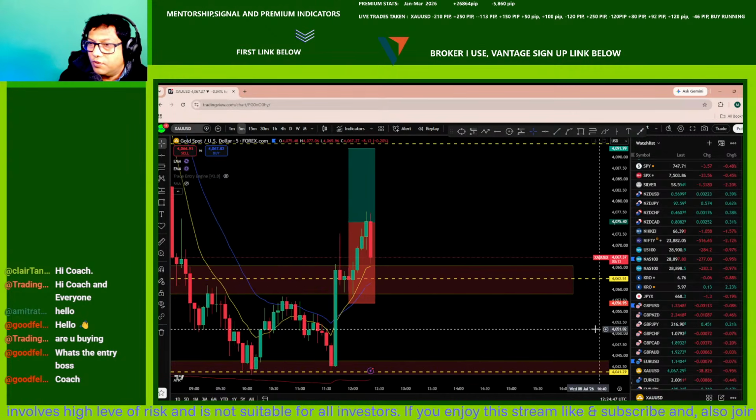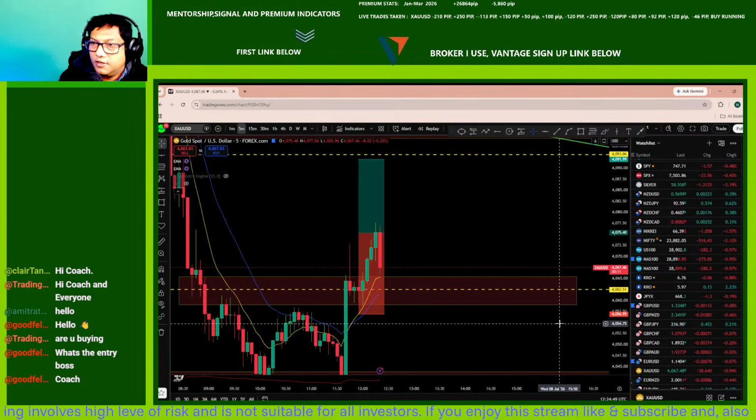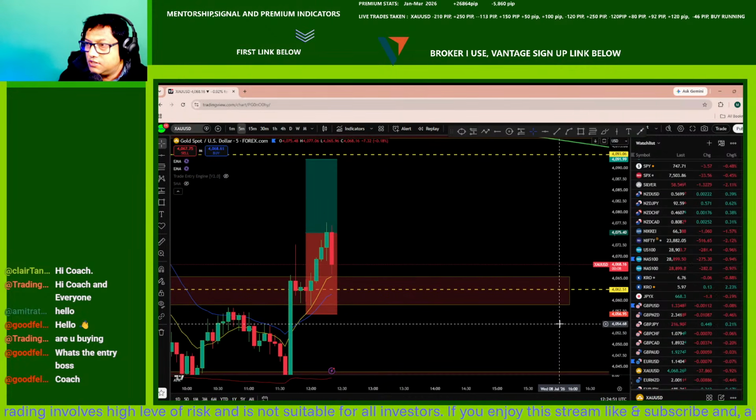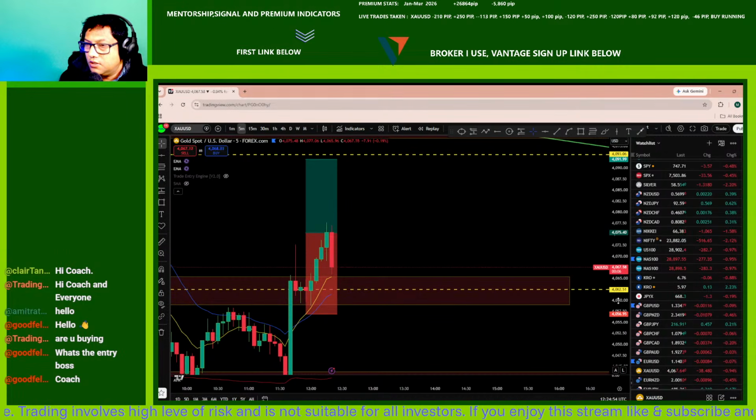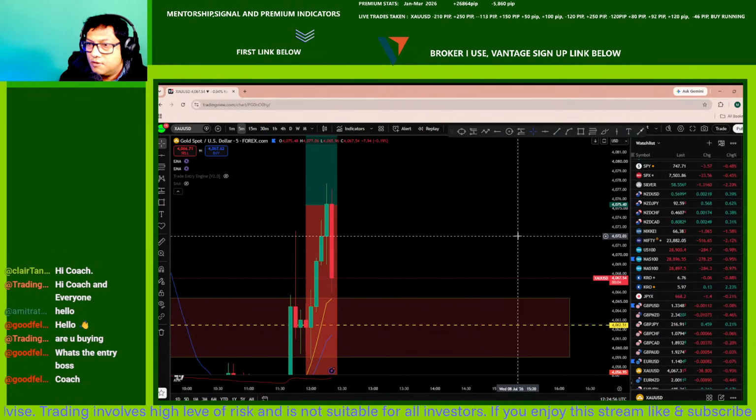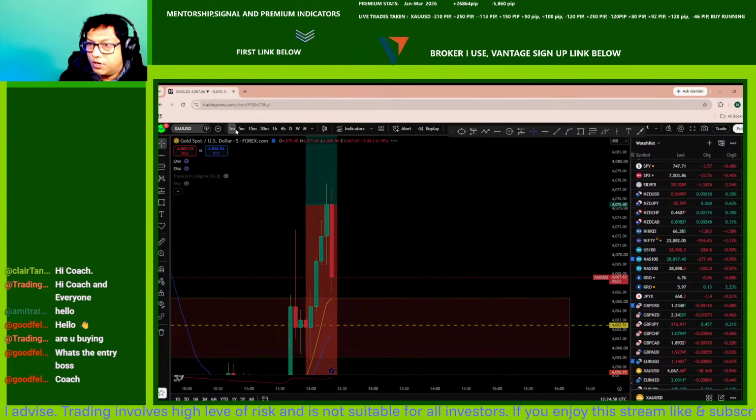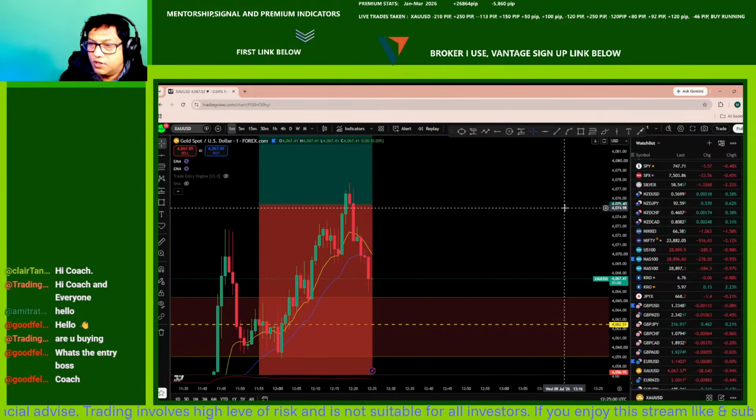So a large 5 minutes candle has formed, and with this price action, this is a breakout structure as well, if you look at that.